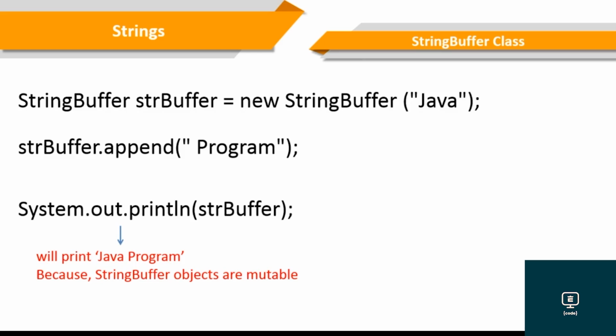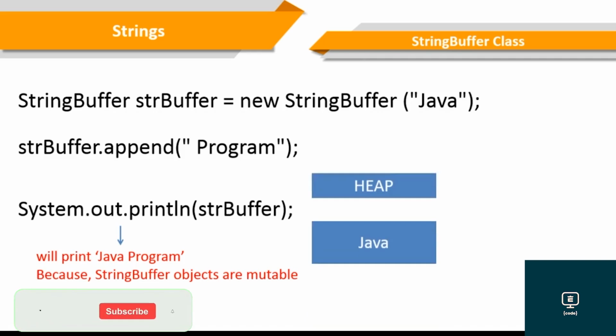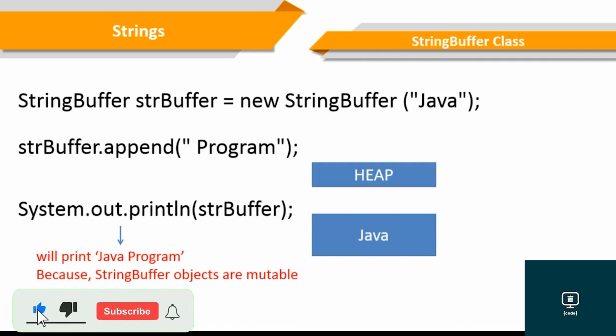So it's the same as the string class, except it's mutable. So the value of the StringBuffer object can be changed. It also means that it can be assigned a new value. In our example, we define strBuffer as an object with the Java value, and this object is stored in heap memory, and its value can be changed.